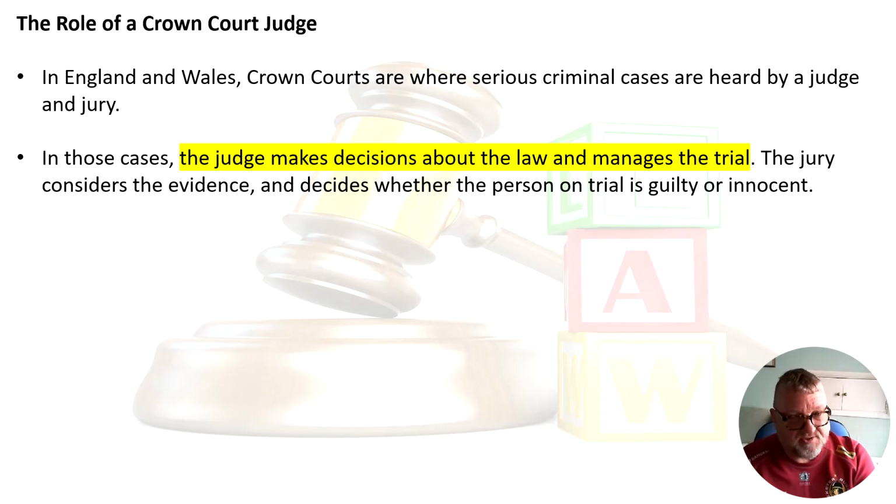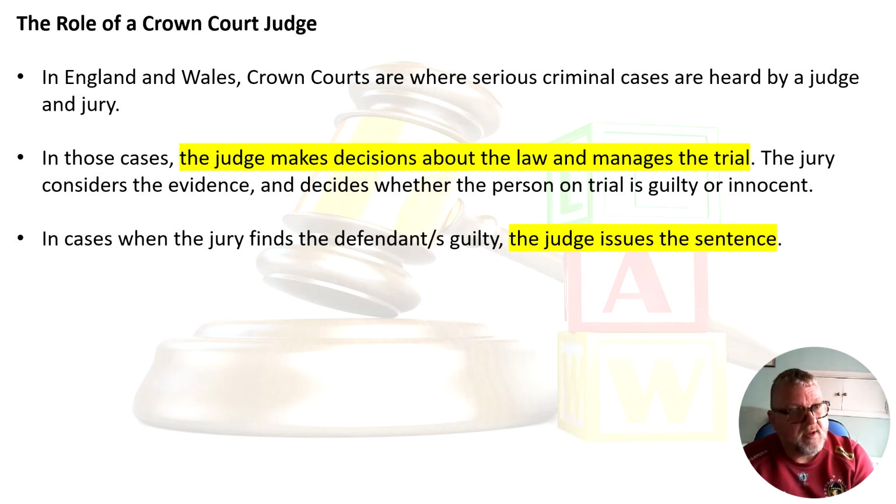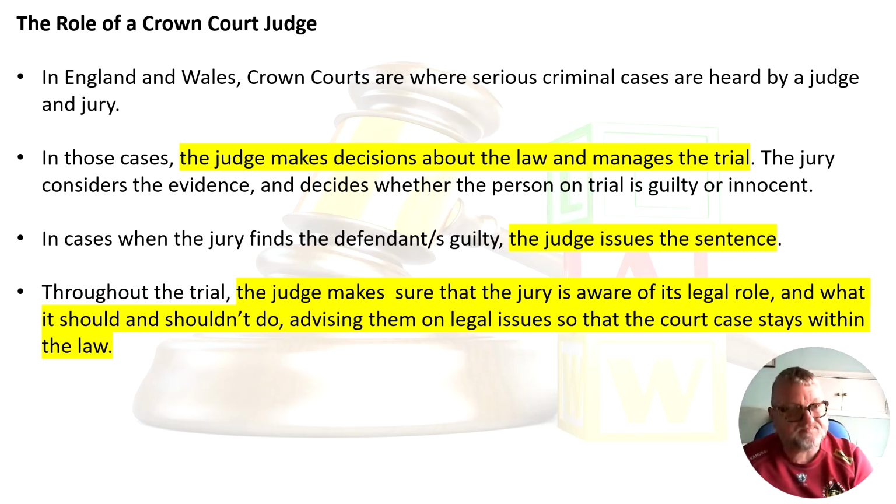In a magistrate's court, it's magistrates who are members of the public, not legally qualified, and in a Crown Court, it's a jury who are members of the public, not legally qualified. In cases where a jury has found the defendant guilty, it's the judge who issues the sentence.